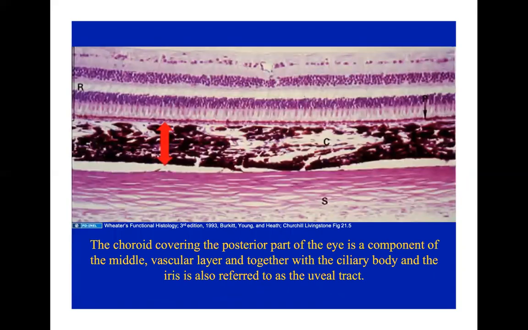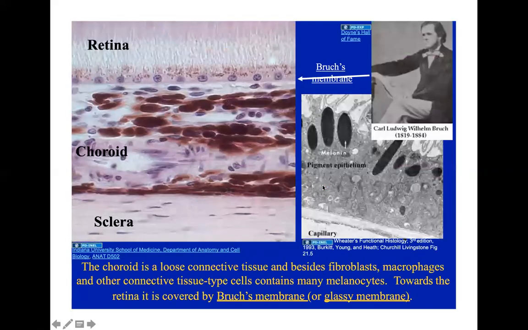Now the choroid, that is a covering in the posterior aspect of the middle layer, is highly vascular, and together with the ciliary body and the iris, as we mentioned, that is also termed as your uvea. So this is the innermost covering, the retina, the middle layer, the choroid, and your outermost layer, that's your sclera.